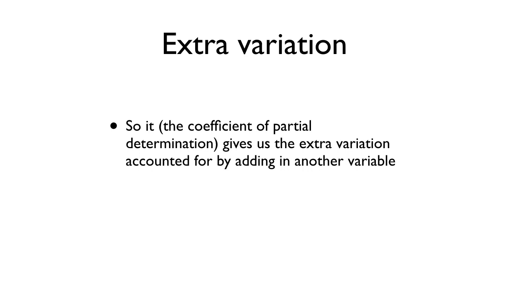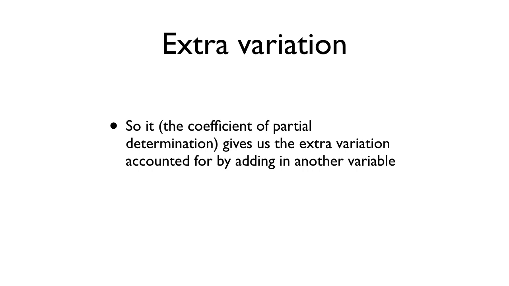So if we think back to the example we had, income, years of education, and IQ, we said IQ and years of education clearly correlate. They overlap. There's no doubt. But there must be some unique variance that's explained in your income simply by your IQ if you've already taken care of your education.